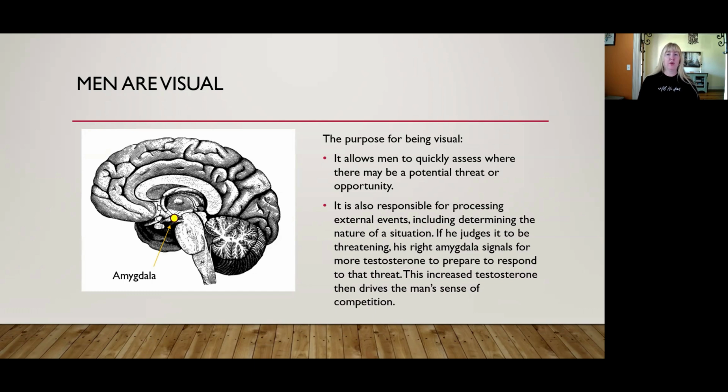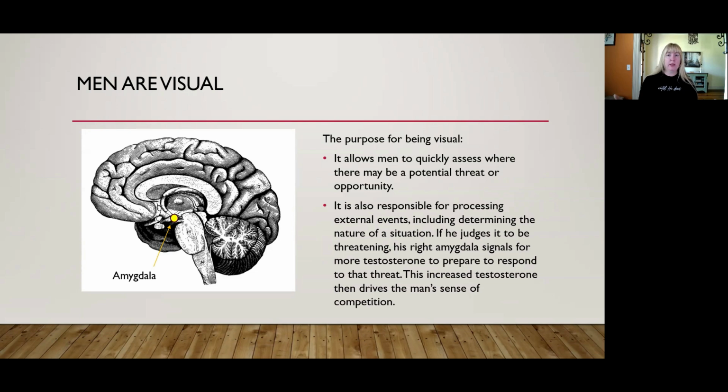It will also signal for things like adrenaline and cortisol, but altogether that allows the man to be prepared for battle or to chase down something, run after something, whatever it may be. But it's specifically that increased testosterone that motivates competition, a sense of competition.